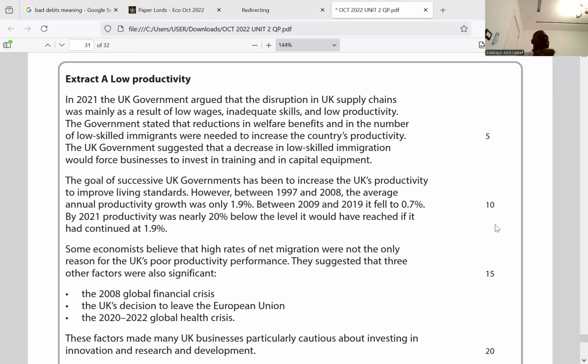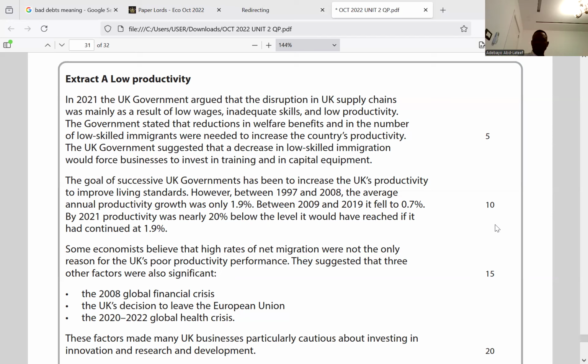The government of the UK wants to reduce the number of low-skilled immigrants. Why? Because it encourages firms and domestic workers to focus on skills, efficiency, and technology. When you have low-skilled workers, what does it bring to the table? Reduced productivity.